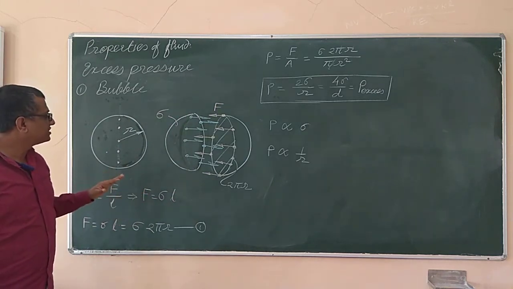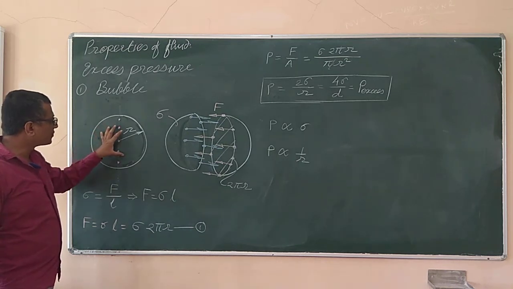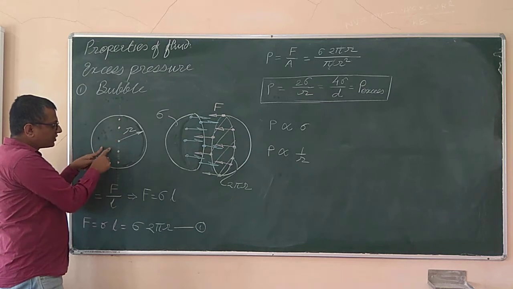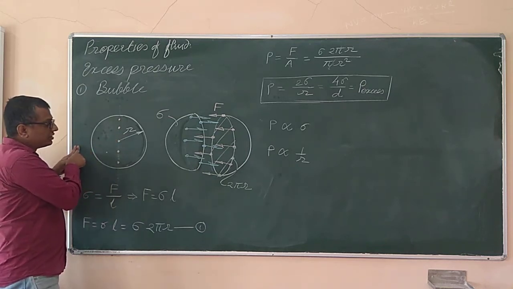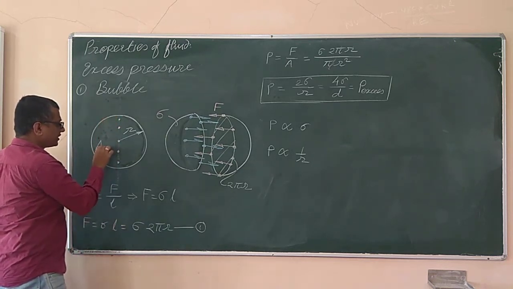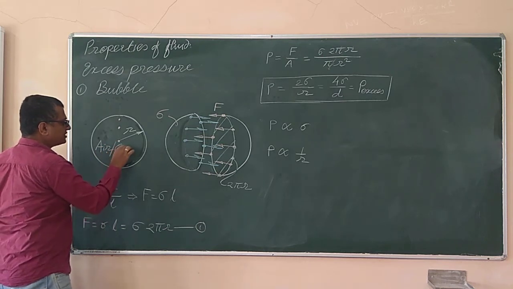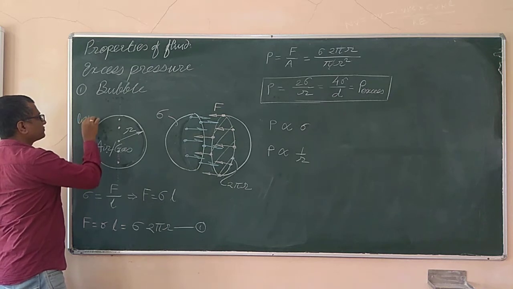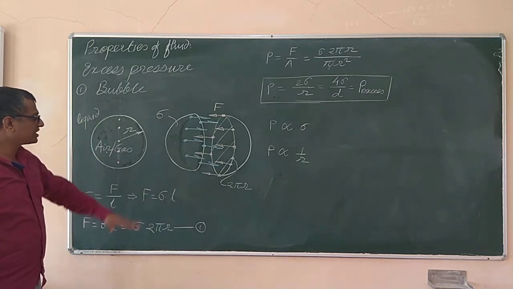The only difference is that in the earlier case, the liquid droplet, the inner part of the sphere was liquid and the outer part was air or the gas. Now in the case of a bubble, inside it will be air or any gas, and outside the sphere it will be liquid.